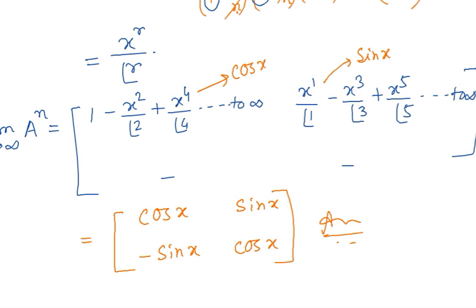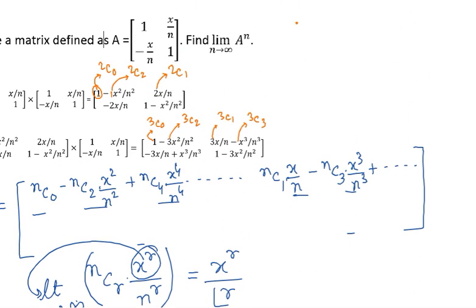Okay, so this is going to be the limiting value. So we can write down the limiting value to be cos x sin x minus sin x cos x. And just for information, you can see that this is an orthogonal matrix.